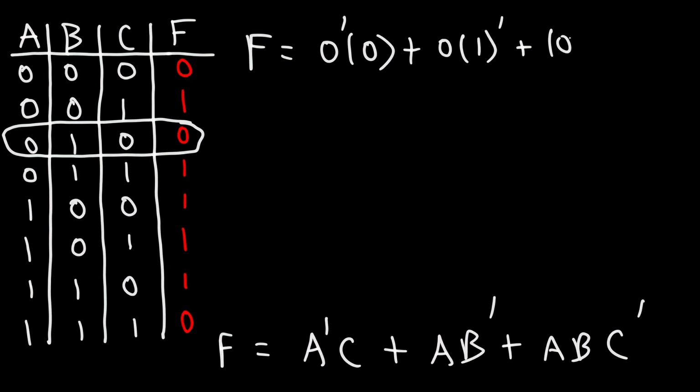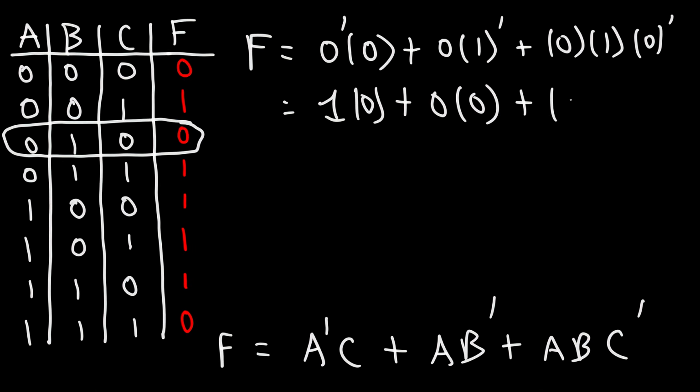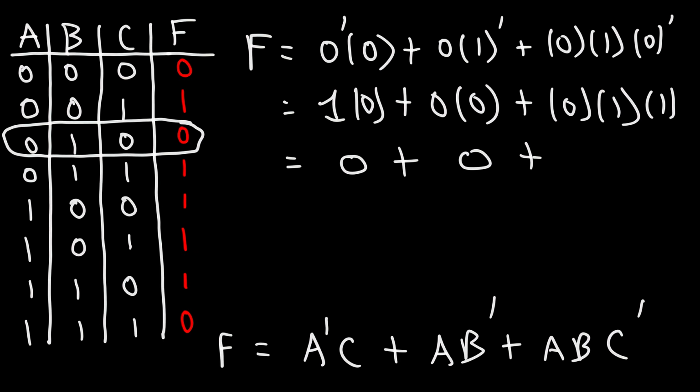So A is 0, B is 1, C is 0. The complement of 0 is 1. The complement of 1 is 0. And the complement of 0 is 1. 1 times 0 is 0. 0 times 0 is 0. And 0 times 1 is also 0. So this adds up to 0, which we can see that's the case.